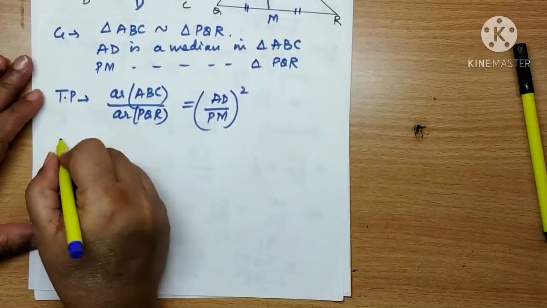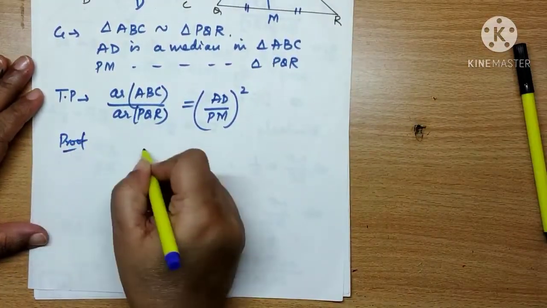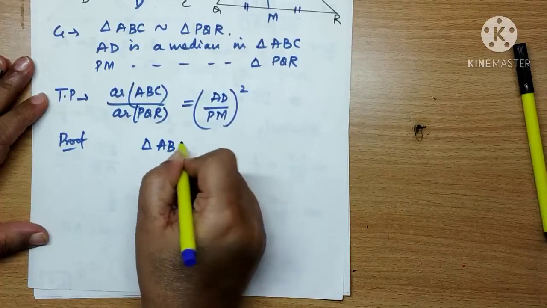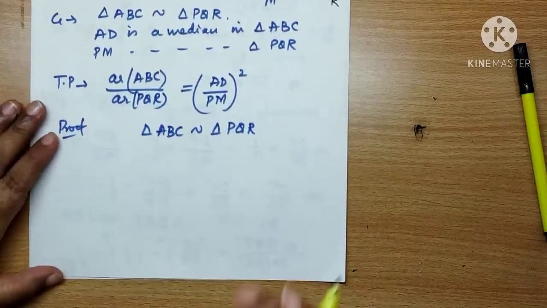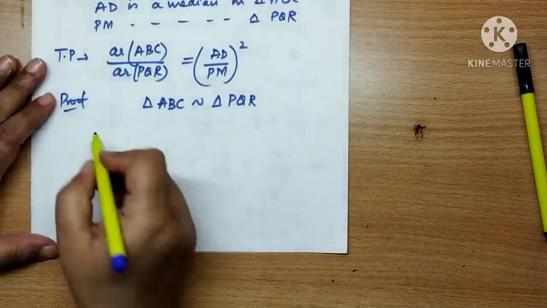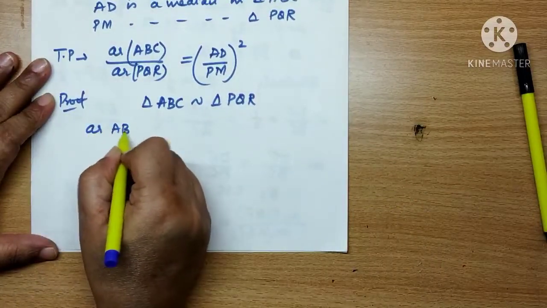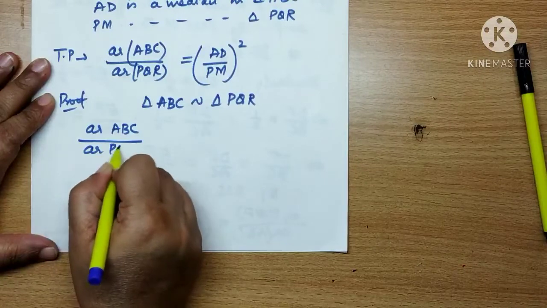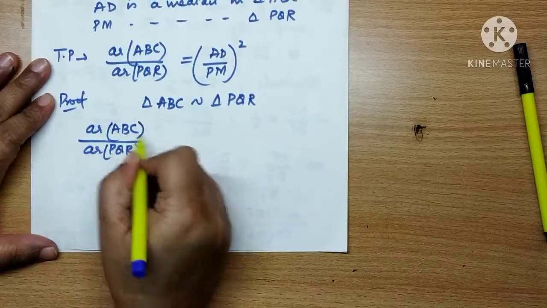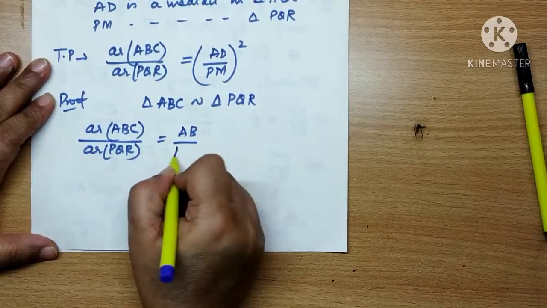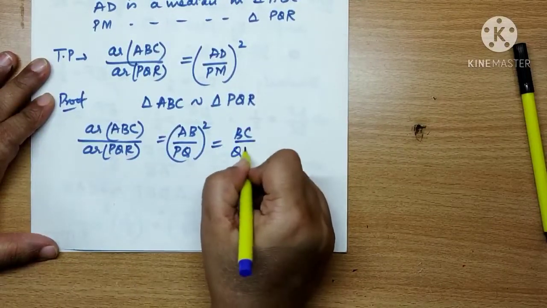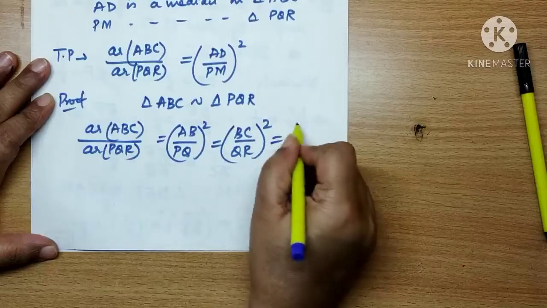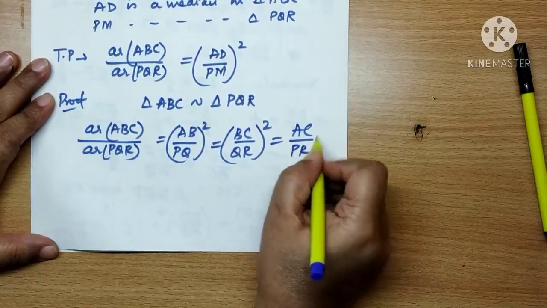Now remember the theorem, triangle ABC is similar to triangle PQR given. So sufficient condition in order to apply the theorem. So area of ABC by area of PQR is equal to actually AB by PQ square equal to BC by QR square equal to AC by PR square.